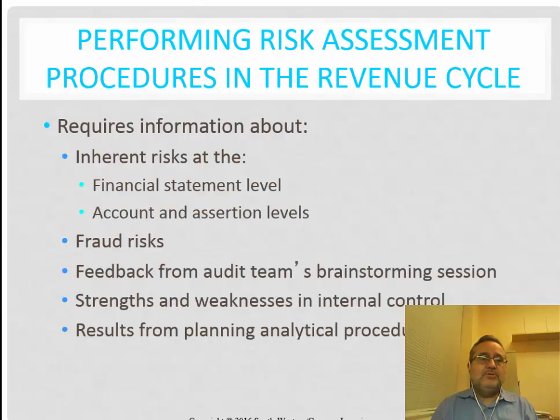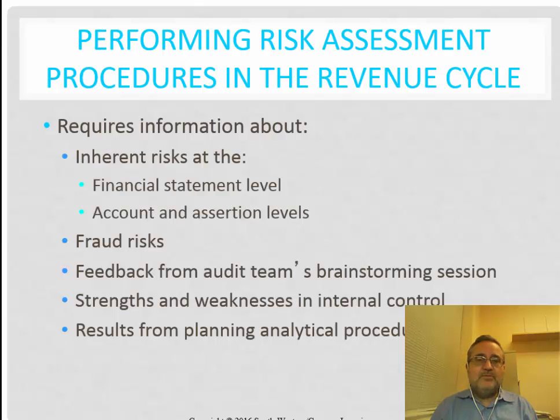We also want to understand what fraud risks are. Now, as we understand the inherent risk and fraud risk, what we're interested in doing as an audit team is brainstorming in terms of determining the strengths and weaknesses of the internal control structure and based upon our planning of our analytical procedures.